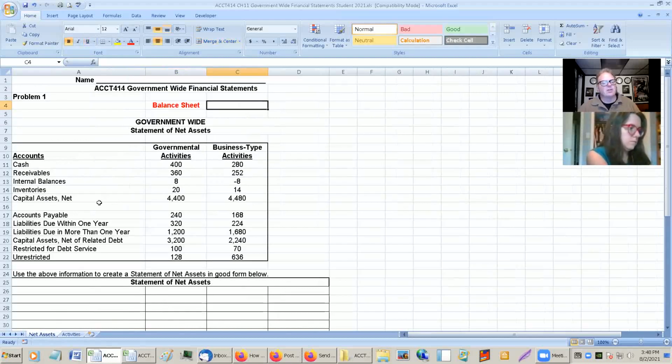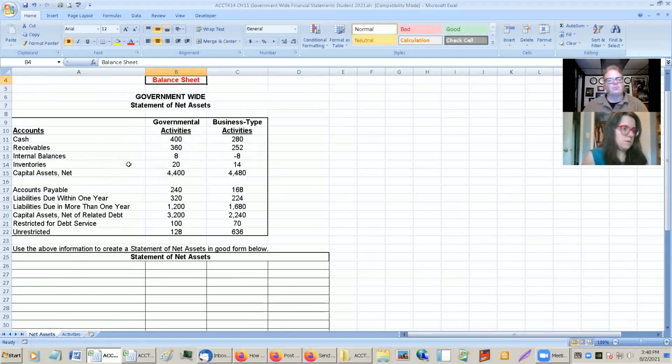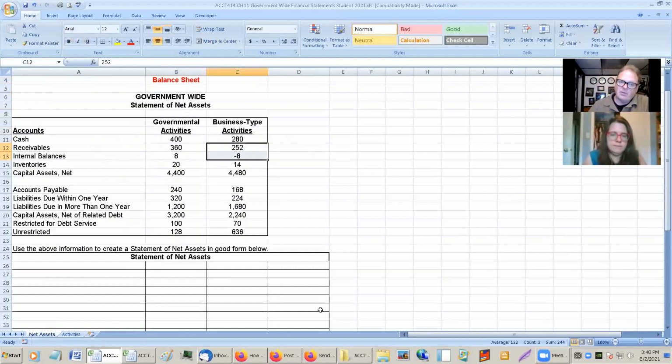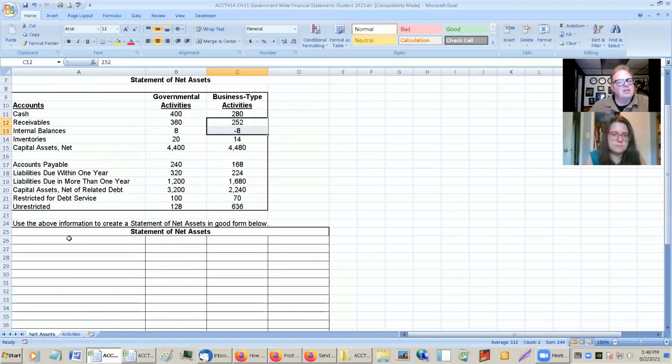So we got the two things. We're going to do the balance sheet first, and this is the easiest one of the two. Basically, we have government activities and we have business type activities. We do them both separately, then we add them up and do them together. The nice thing about this is that they're all pretty much cut and paste. So we'll have our assets.